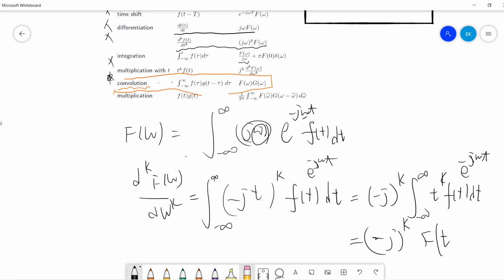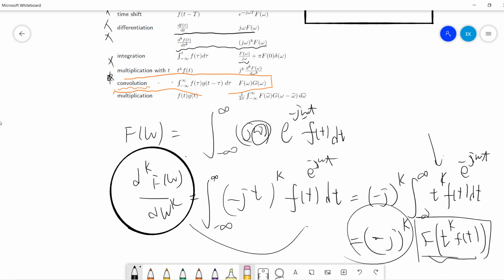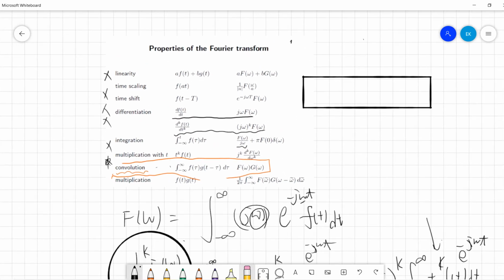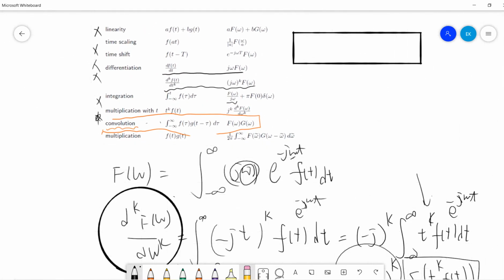So this is basically just the Fourier transformation of this. You get this. Let me see. So this one is basically this one divided by this one. I think one. Let me check. So yes, this should be positive.